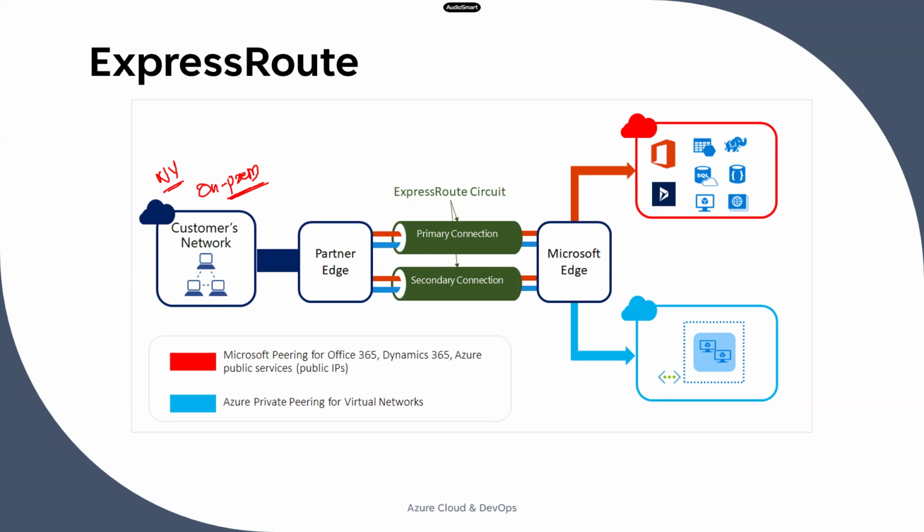Basically it will be that dedicated connection. And why we use ExpressRoute is that it gives us more bandwidth. If they are using a huge amount of data, there will be bandwidth issues, right? So if it's a large organization, they can use ExpressRoute.